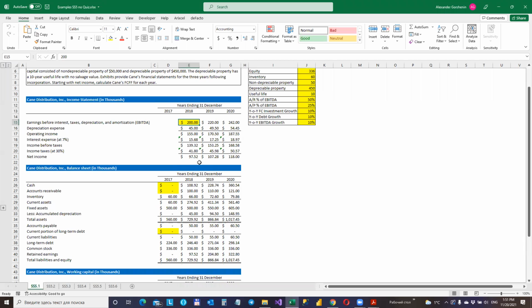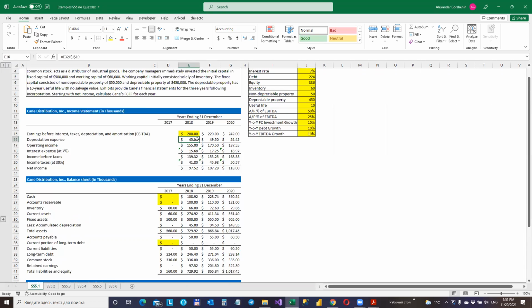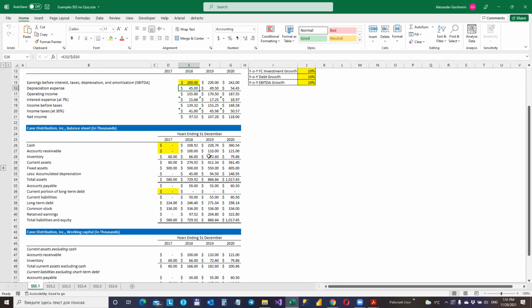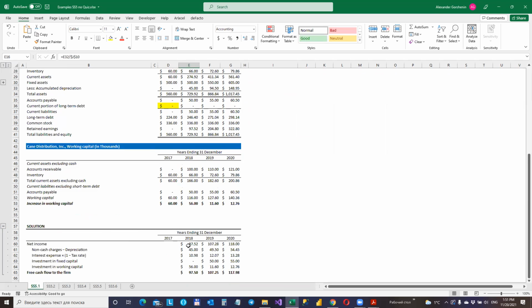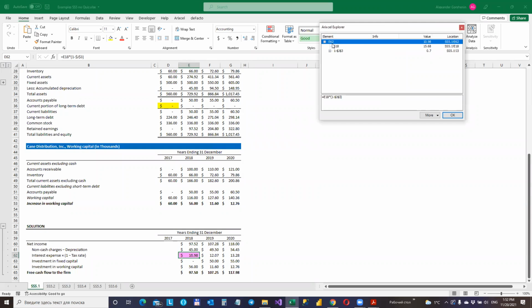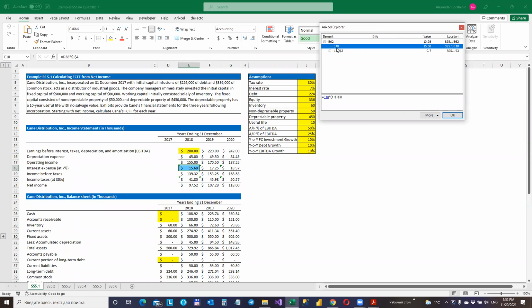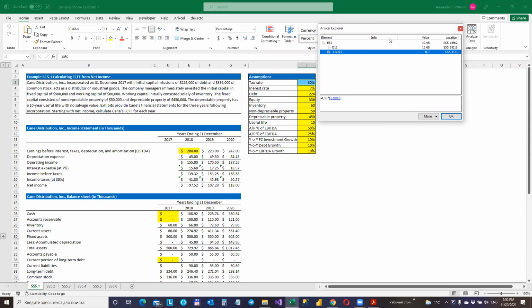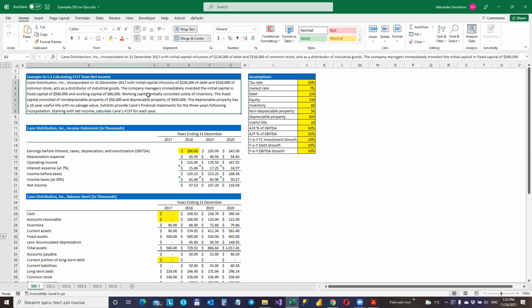For example, we can try to understand how a cell is calculated, not going to the formula here, but arriving at some specific result, like here, here, and here, and just switching to the navigation window, where we can see that, for example, we have cell E64, that is interest expense multiplied by 1 minus the tax rate, and it has two components, the interest expense and the formula for calculating the second component of the product. So let's go back to the case.